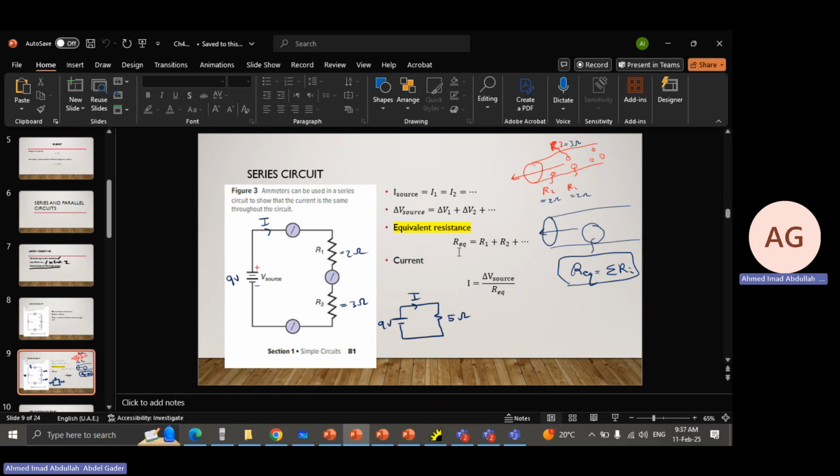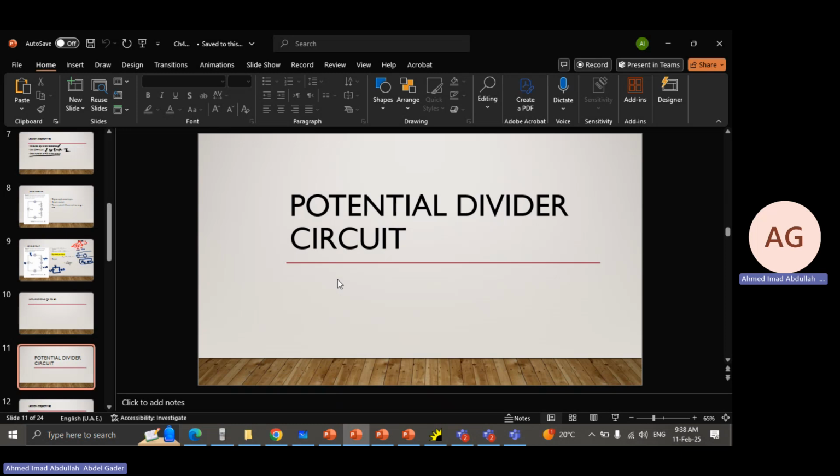And the equivalent resistance is the mathematical sum of the resistances. Equivalent resistance being a resistor which we can substitute all the resistors of the original circuit with and end up with the same current, provided we have the same potential difference.